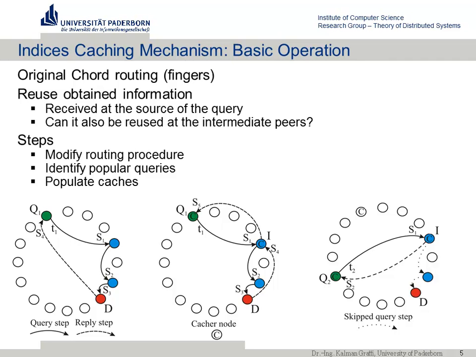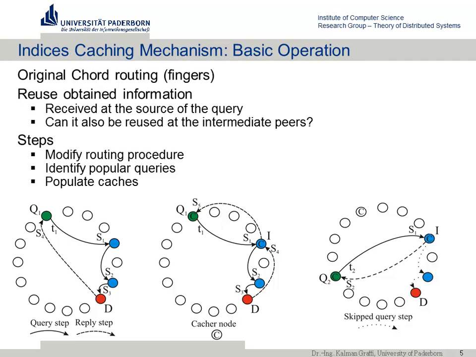What could be done if the content is very popular is that the answer is not answered in the first instance to the querying node, but to some of the nodes on the way back. And the next time somebody is looking for the document, the steps are saved, so you don't need to do it, because one of the nodes on the way knows the position of the desired content.